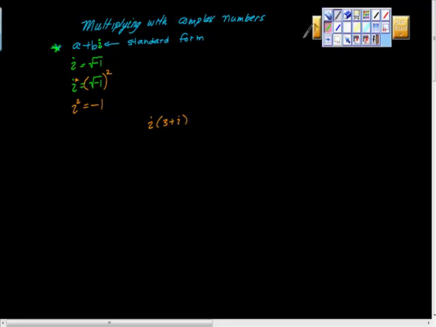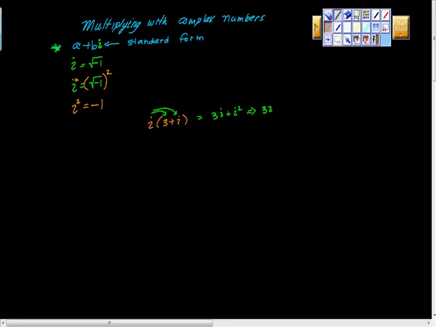We start off doing this the same way we do any other algebra. We distribute this to here and to here. So i times 3 is equal to 3i, isn't it? And i times i is equal to what? Positive, right, i squared. You're right. I'm going to keep simplifying this.